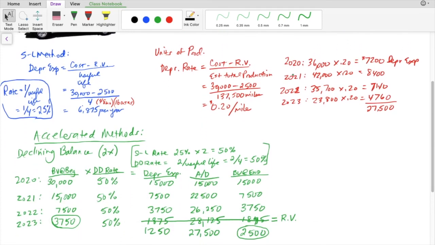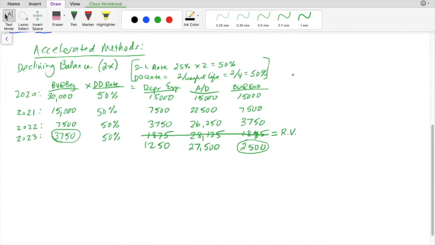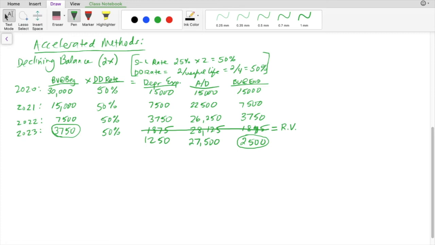The last method that we're going to talk about is a crazy method. Not too many companies use this, but it is a method that is available, and it is called sum of years digits.